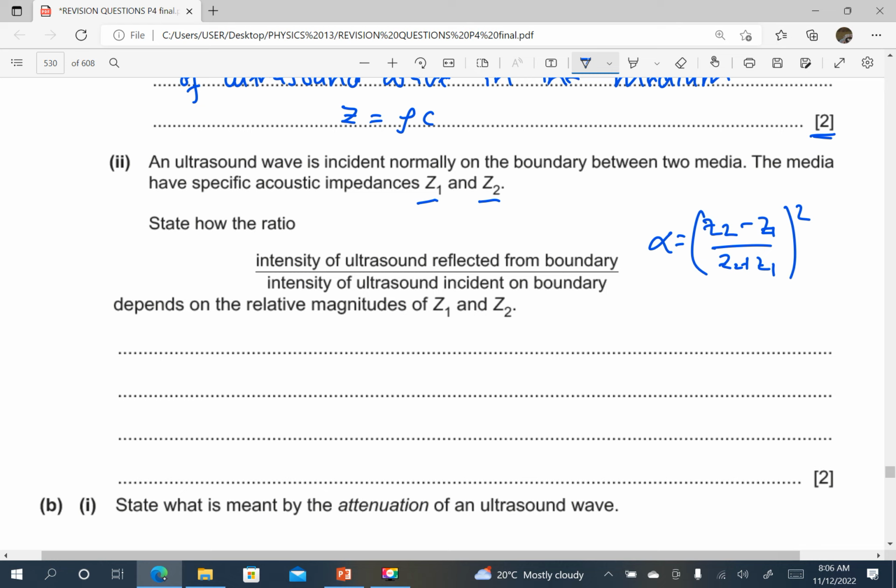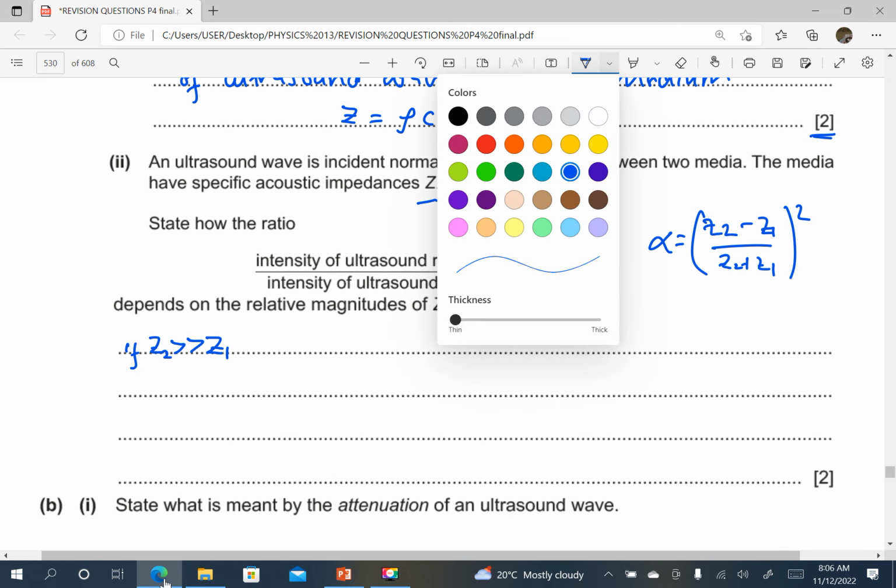We note from that expression that if Z2 is much greater than Z1, what does that mean? It means when I substitute the values for Z2 and Z1 and I subtract, I approximately get Z2.